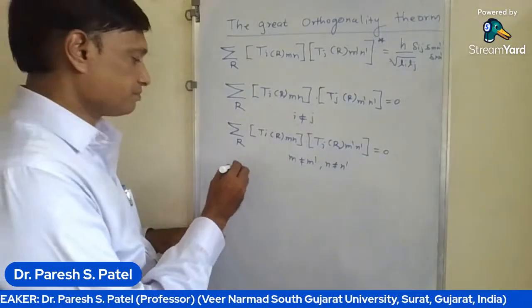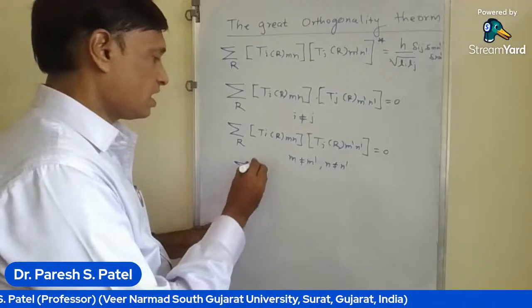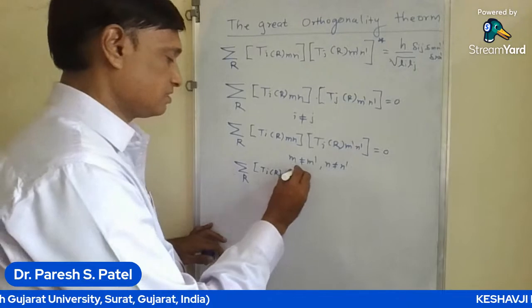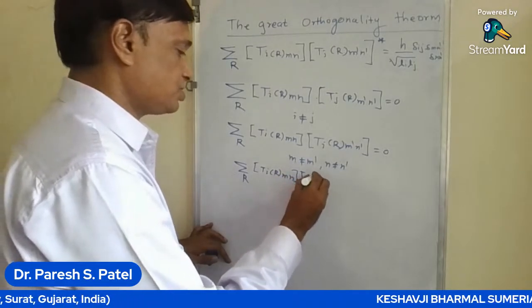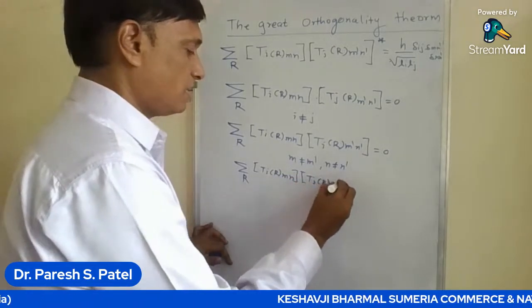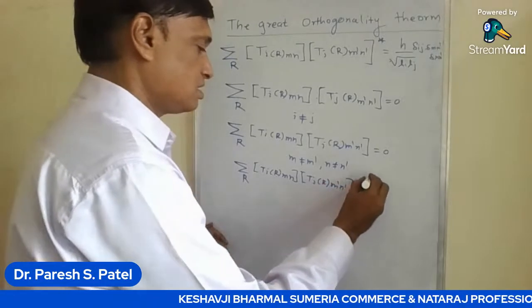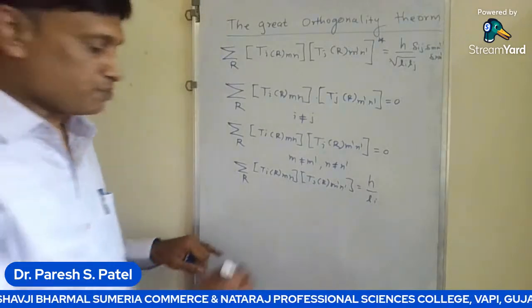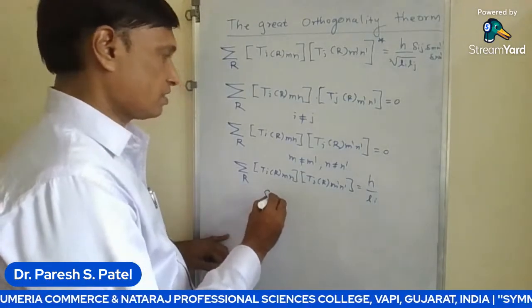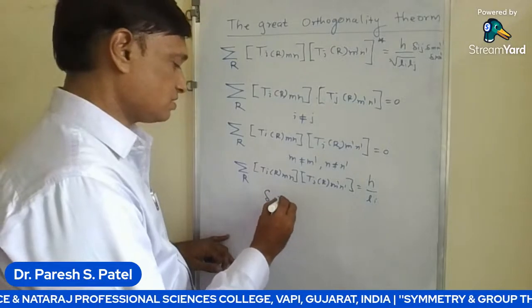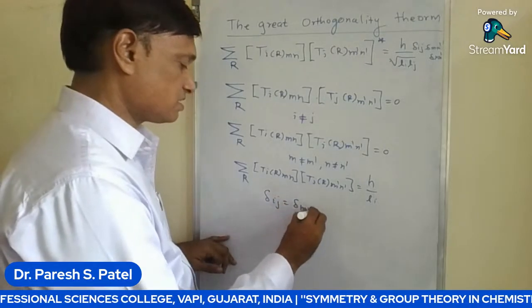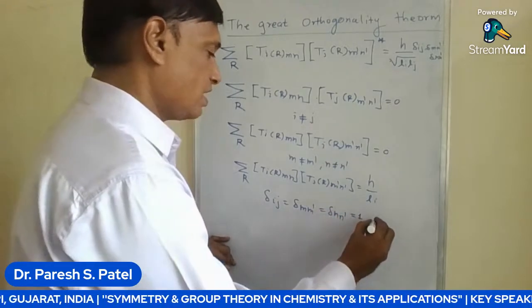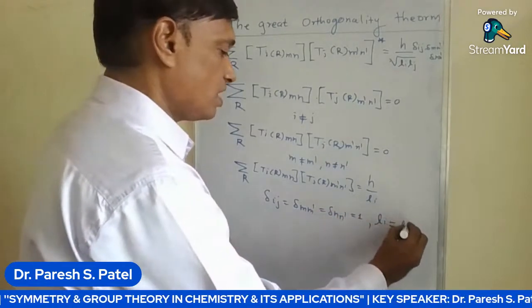And lastly, the summation over R of Γi(R)mn times Γi(R)m'n' is equal to h by li. This is possible only if the values of delta ij, delta mm' and delta nn' are equal to 1 and li is equal to lj.